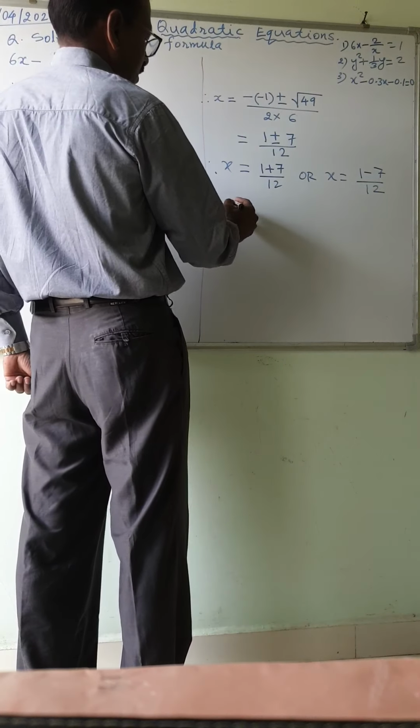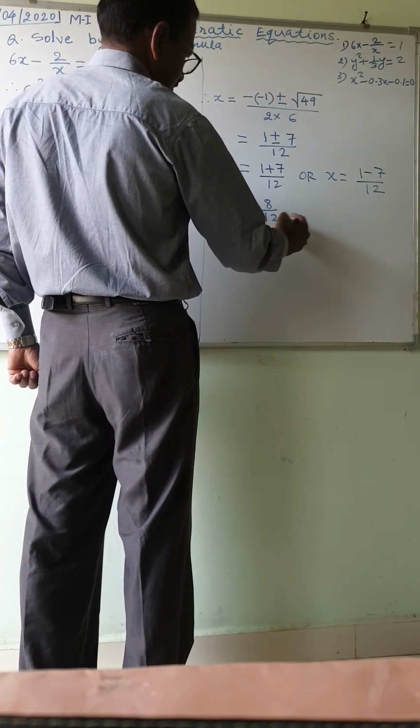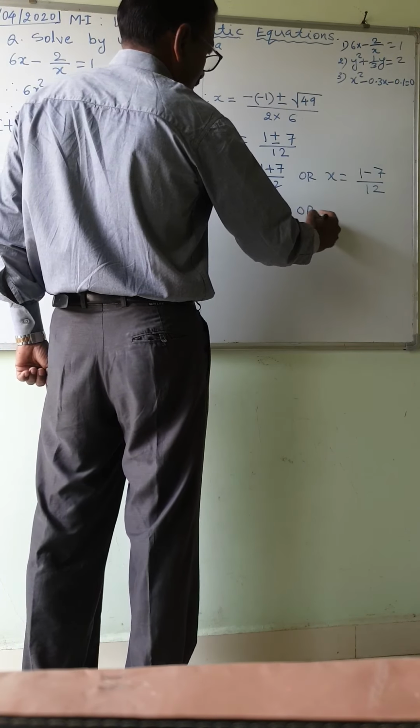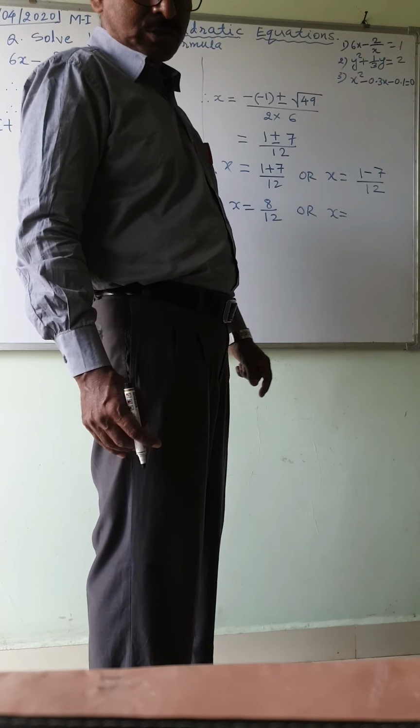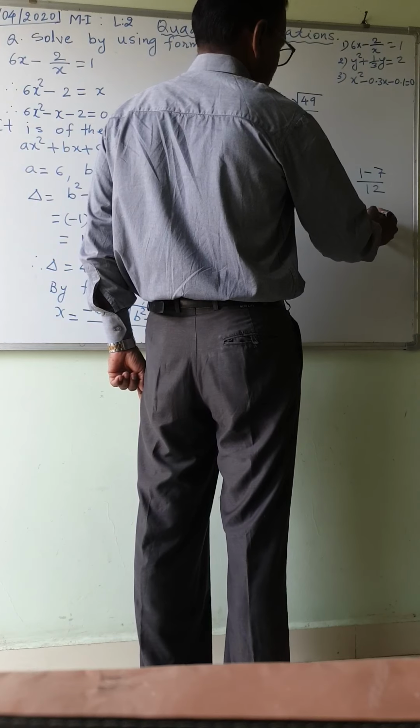Therefore, x is equal to 8 upon 12, or x is equal to, this is plus 1, this is minus 7, signs are opposite, so subtraction, and the bigger number's sign, minus 6 upon 12.